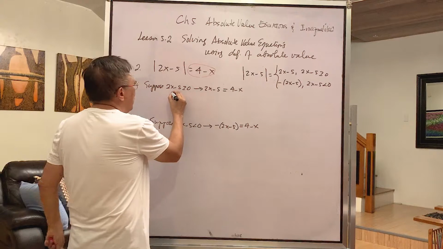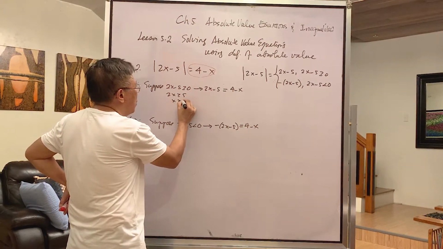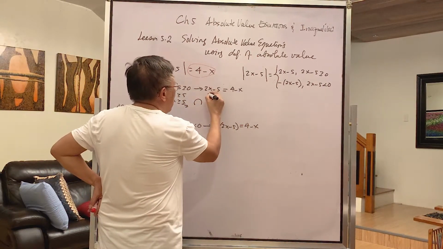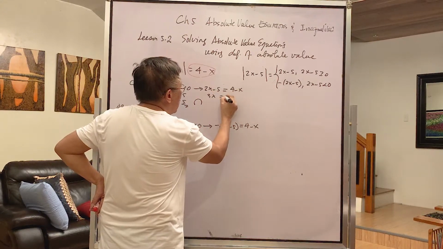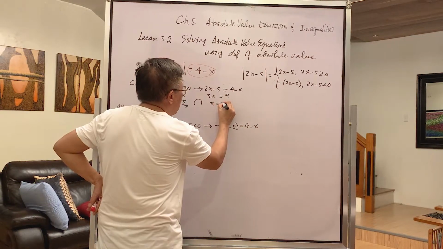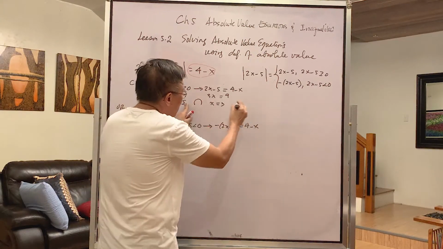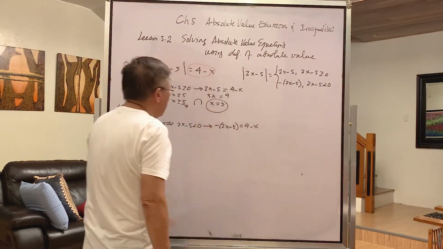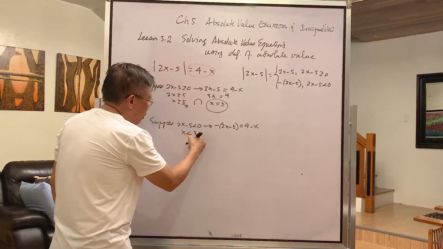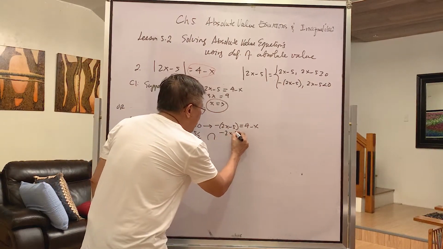And then we will solve this inequality. This is 2x greater than or equal to 5, or x greater than or equal to 5 over 2. Intersection. Minus x comes here, we get 3x, and negative 5 goes to the other side, becoming 9. Then this one will now be x equals 3. This is 2.5 going to the right, so it will pass through x equals 3, so that's the intersection. And this will give me 2.5 going to the left, and I can solve this equation here.